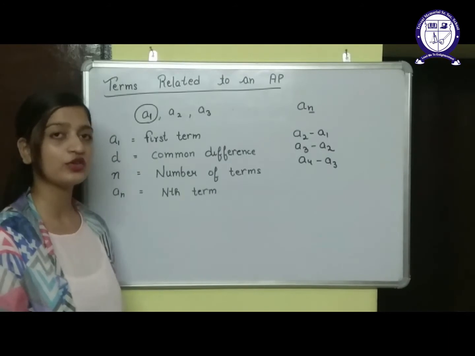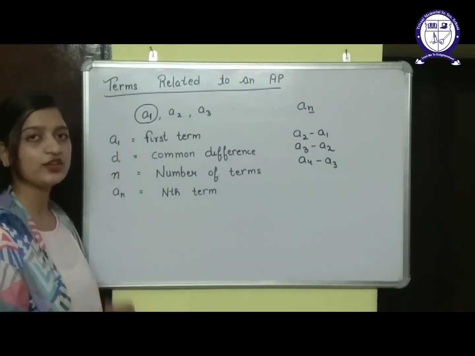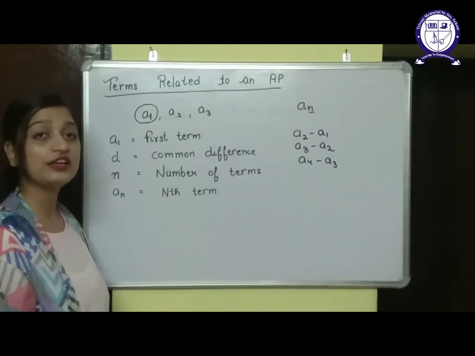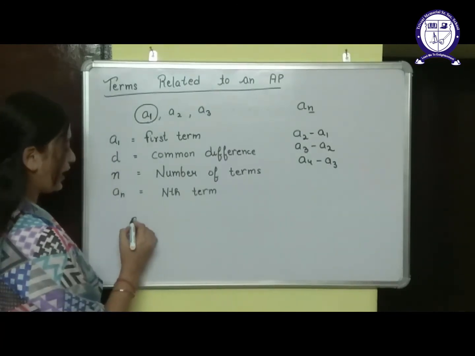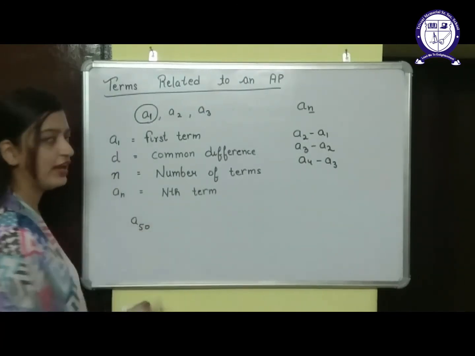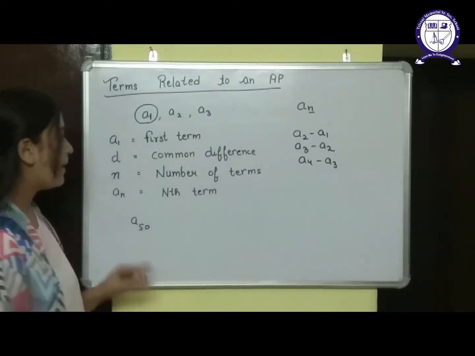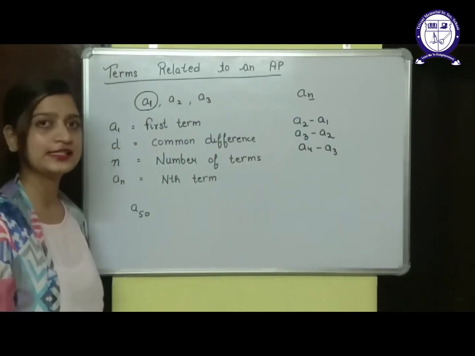If I talk about 8th term, then it will be A8. If I talk about 10th term, it will be A10. Similarly, if I talk about 50th term, it will be my A50. So the values keep on changing for AN, but this A1, D, they remain same.